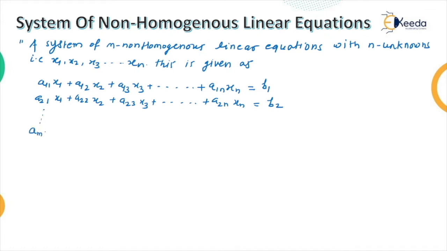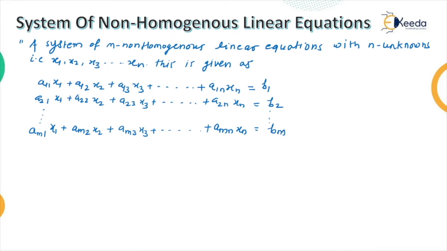The last one is am1 x1 plus am2 x2 plus am3 x3 and so on, plus amn xn, equal to a constant bm, since there are m equations.